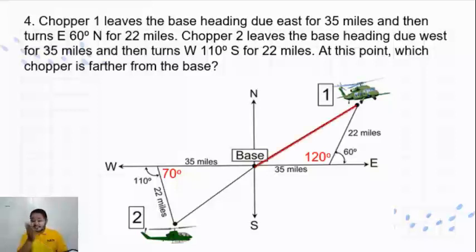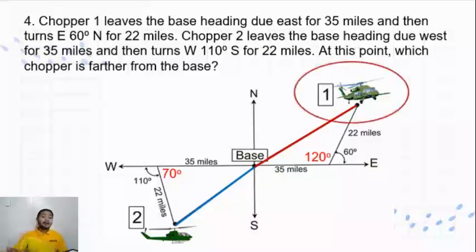Yung red side ba? Or yung blue side? Do not focus on the length, no. Focus natin doon sa angle measure. So, kumpara nyo, ano yung mas mataas? Yung 120 or yung 70? It's very obvious, di ba? Siyempre yung 120. Therefore, mas mahaba yung red line kumpara sa blue line. Therefore, we can now say that chopper 1 is farther from the base compared to chopper 2.